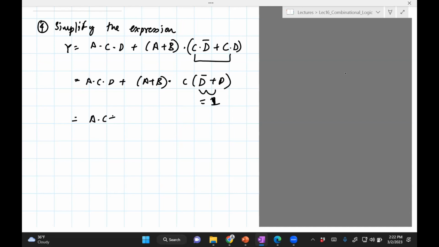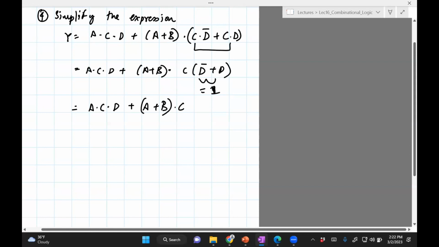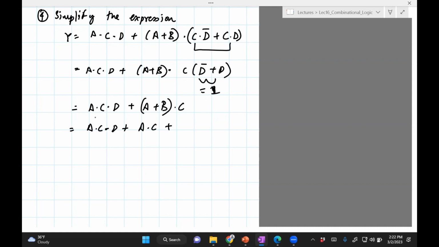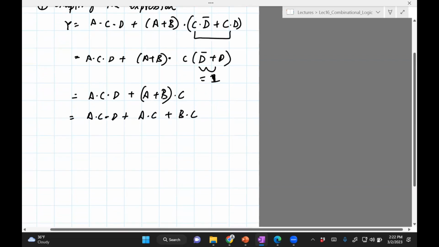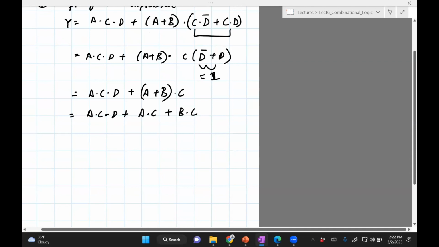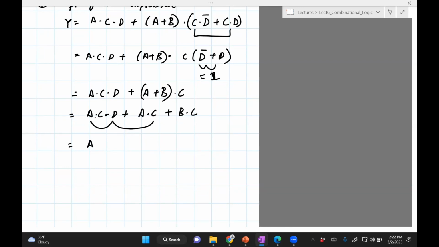So A dot C dot D plus A plus B dot C. Let's see if I can distribute C. A dot C dot D plus A dot C plus B dot C. Maybe I can pull out A.C from here.